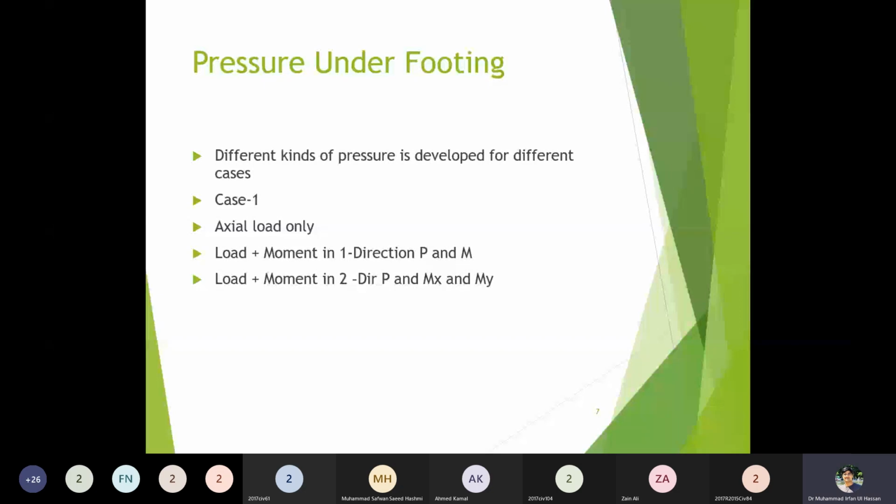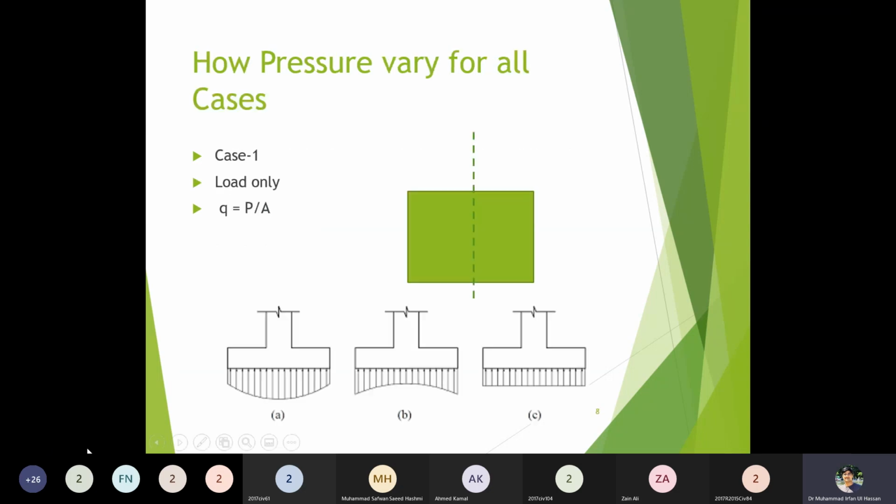Sometimes only one load is acting under the column, sometimes load plus moment, and sometimes load plus a moment in one direction and another moment in the other direction. So it is important how many forces are acting.